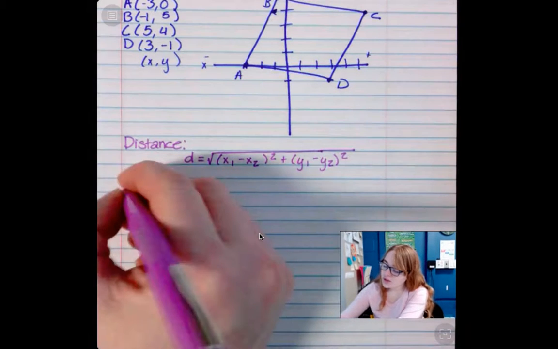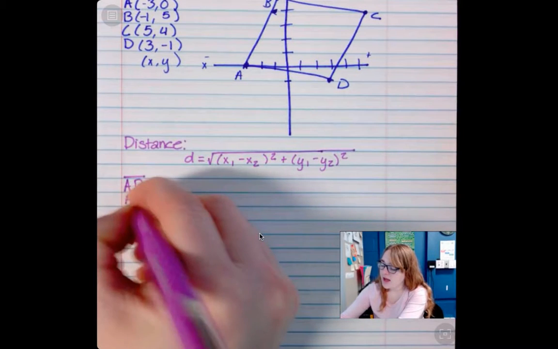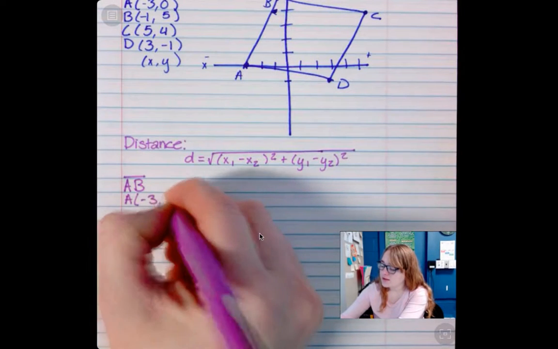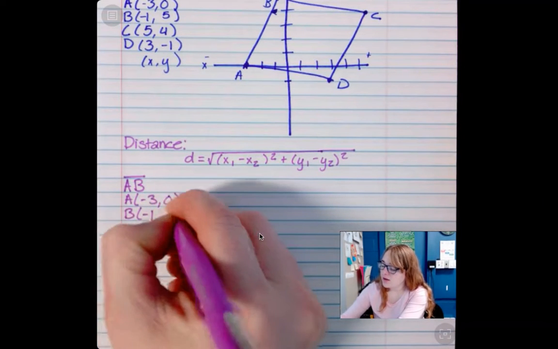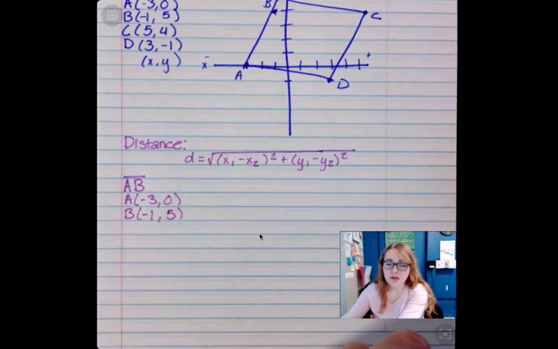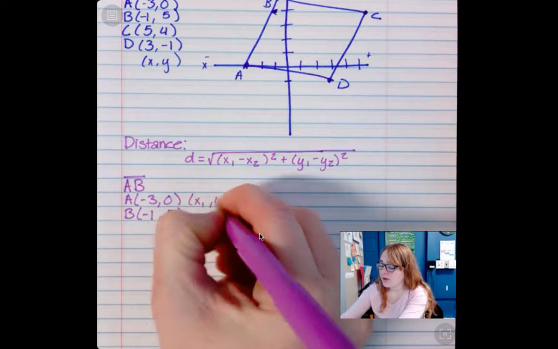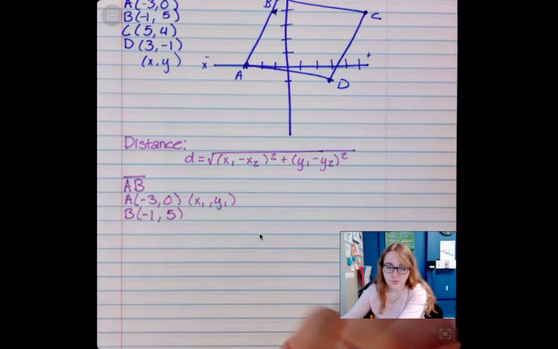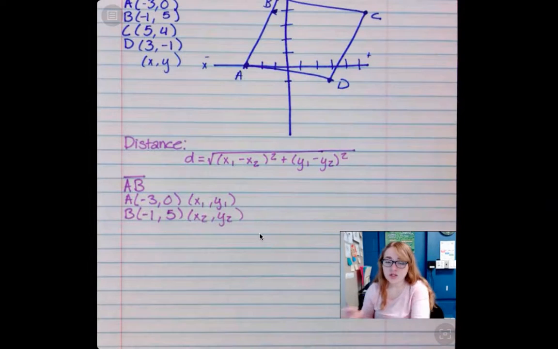Okay, let's start with side AB. Point A is -3, 0, and point B is -1, 5. The first thing I'm going to do is pick my favorite point, making that my x1, y1, and then our other point would be our x2, y2. It does not matter which point you pick to be your favorite, you will get the same answer either way.